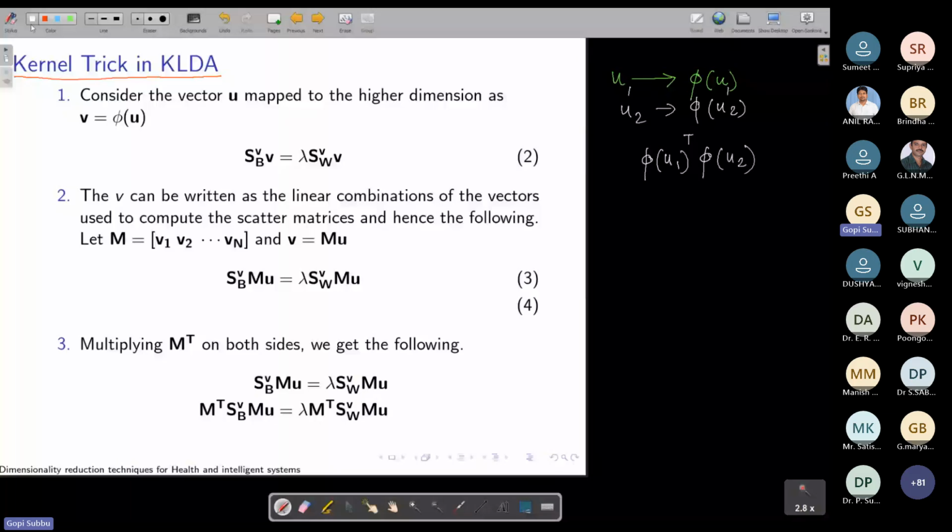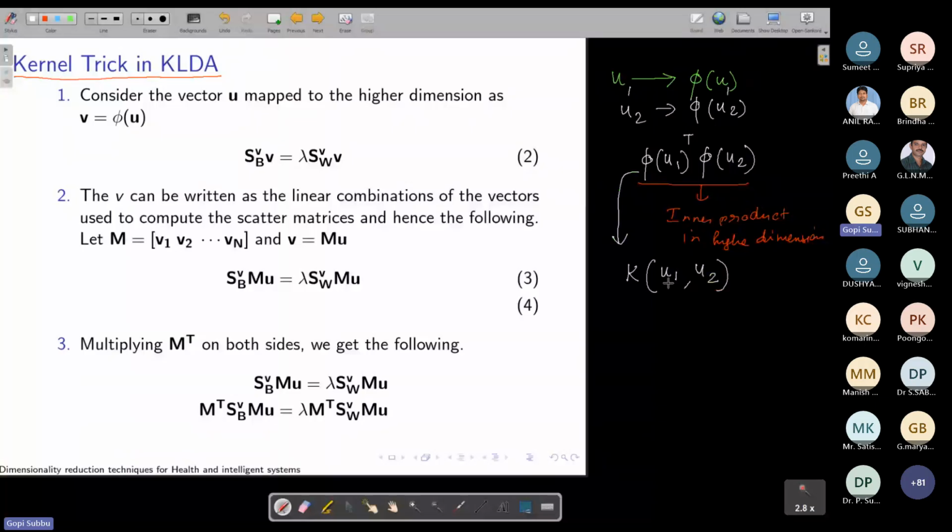It means that I am doing the inner product in the higher dimension. This we define as a kernel function, k of u1 comma u2.